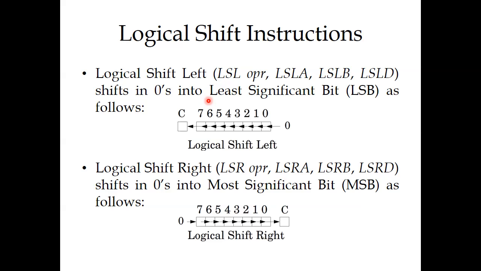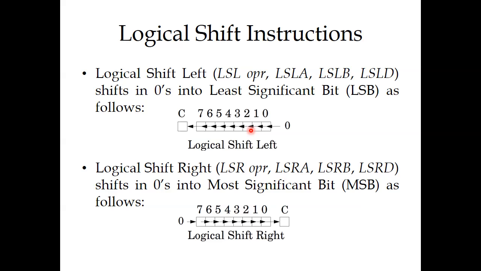Now, what exactly does this mean? This means that you will be doing a logical shift left, meaning you will be shifting all the bits one bit left. You might be wondering how this is possible. Whatever we have in bit 0, we move to bit 1.